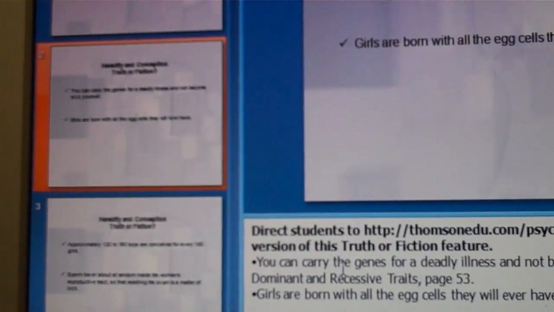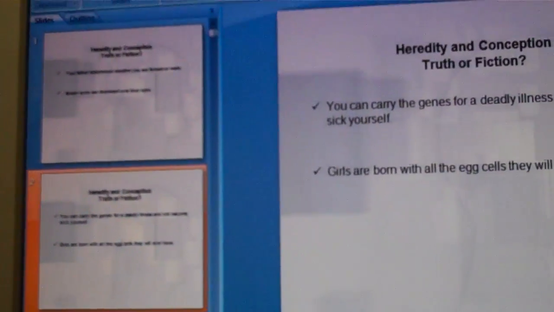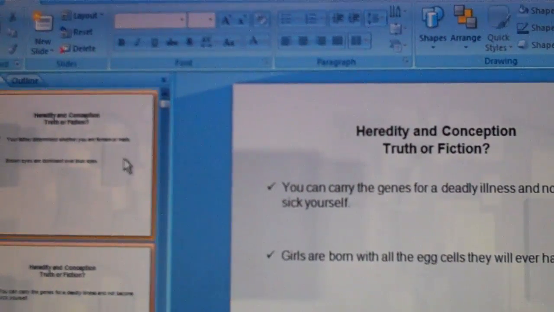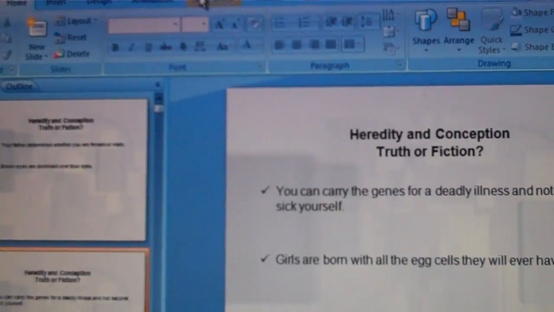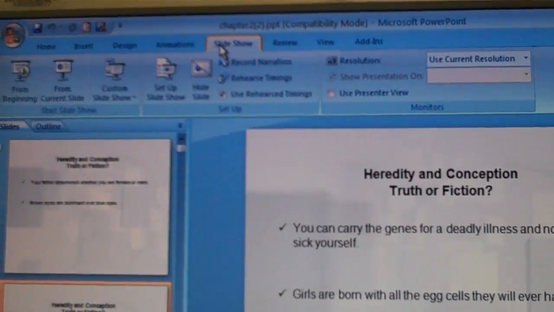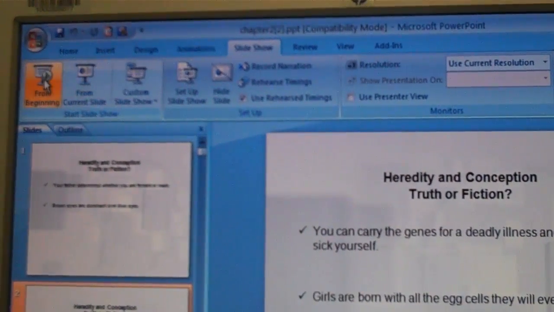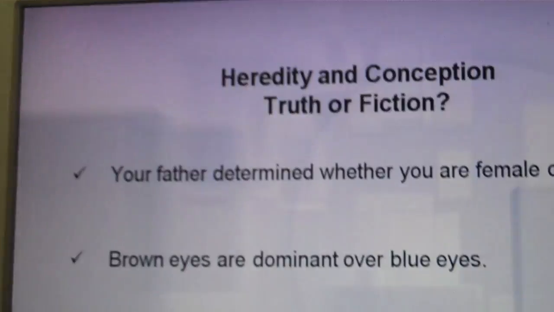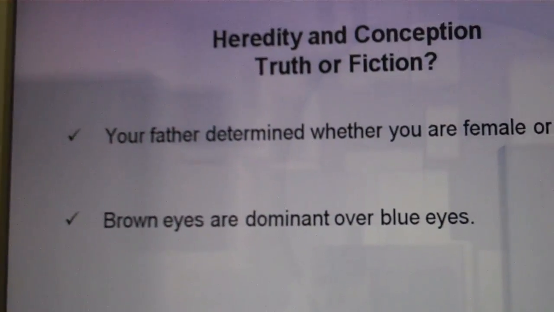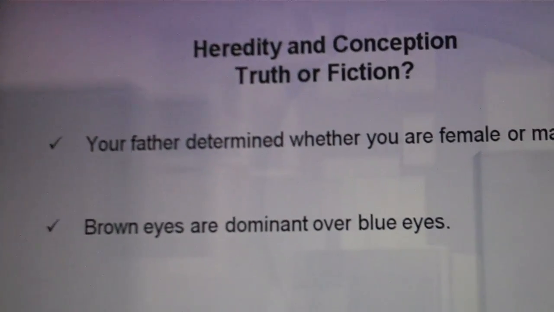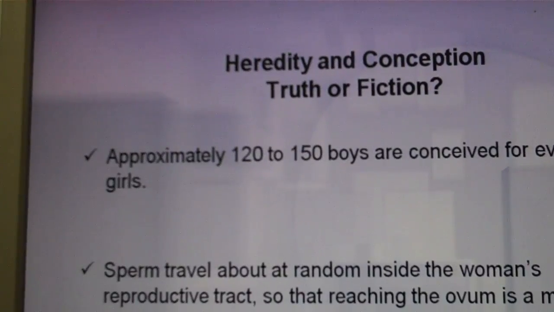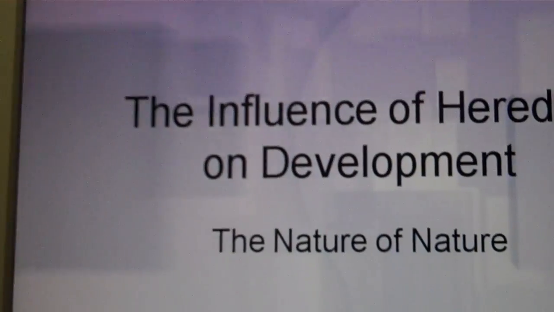But if you want to see a regular PowerPoint slide the way you would see it in class, then you go up to the top, and there's a link up here that says Slideshow. You click Slideshow, and then you want to view it from the beginning, so you can click from beginning. And then all you have to do to change each slide is press the arrow key on your keyboard to the right, and it would move you through each slide.